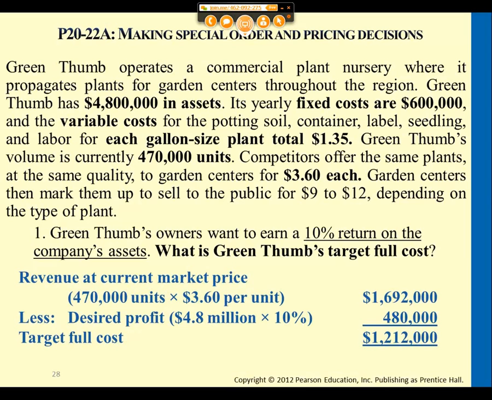Desired profit is our 10% return on the company assets. What are my assets? 4,800,000. So the profit is 480,000. My target full cost is a subtraction of one from the other, and we get 1,212,000.